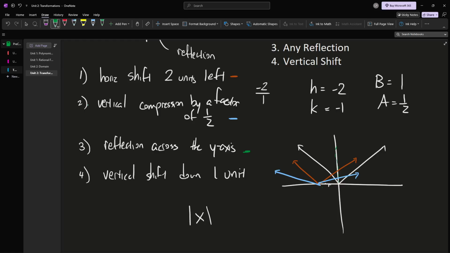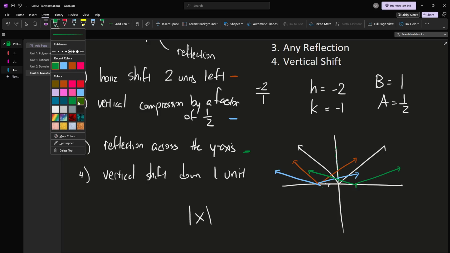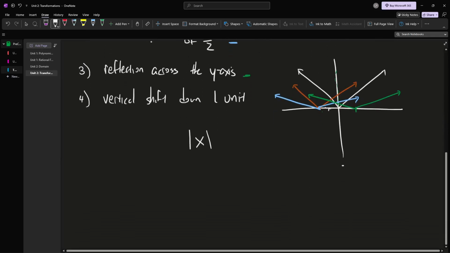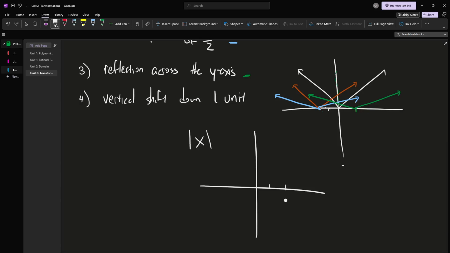I'm at -2, so I must now go to +2. Then we vertical shift down 1 unit. And now finally with this, I'm going to put it on a new graph. So it was at +2, and I shift down 1. So my graph will be just like here.